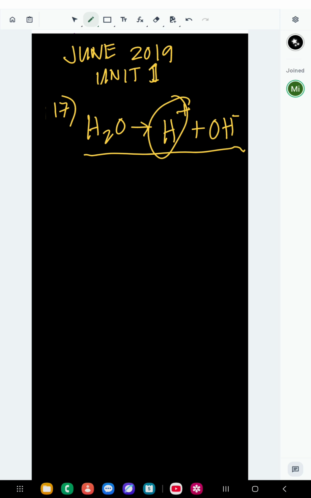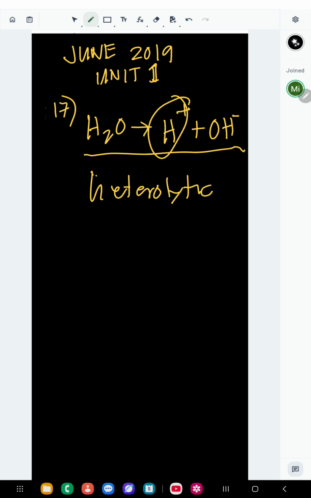A is electrophilic. This is not bond breaking, because electrophilic describes a type of reaction. And for letter B, this is heterolytic. So this one is a bond breaking. So the answer here should be letter B, heterolytic.